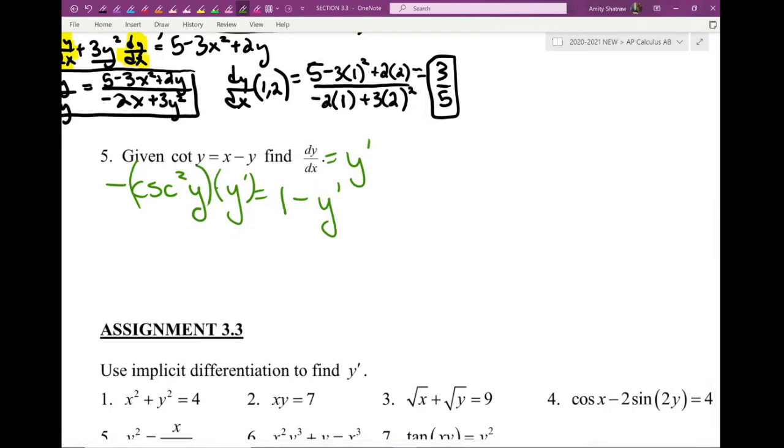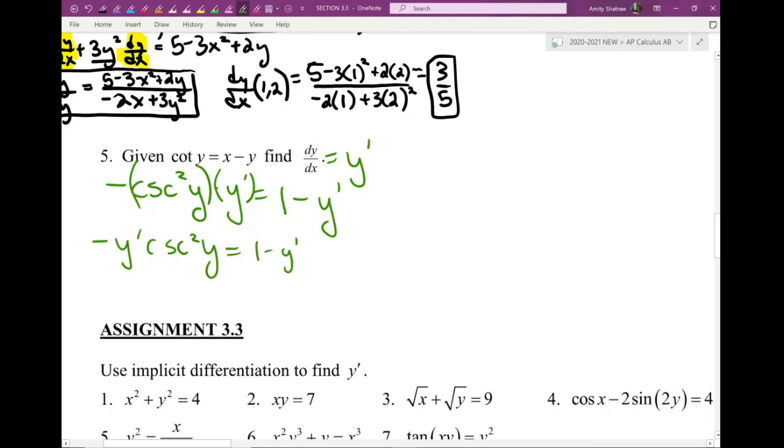No other input. Y prime is not an input to my cosecant function. So in that case, I'm going to move it around. I'm going to say this is negative y prime cosecant squared y, minus 1 minus y prime.